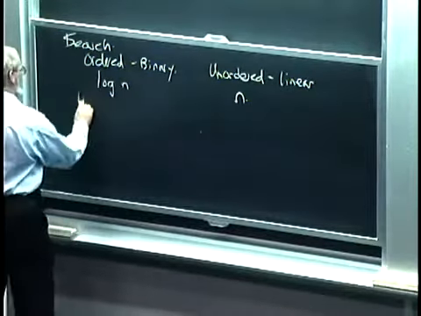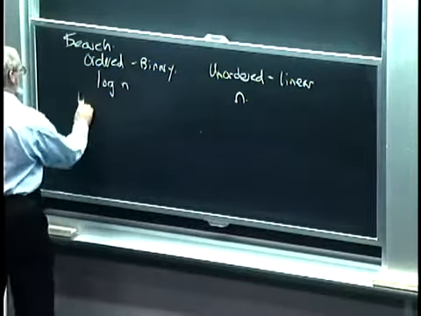I could still do the linear case, which is order n. Or I could take the list, sort it, and then search it. But to sort it was going to take n log n time, assuming I can do that. Once I have it sorted, I can search it in log n time. But that still isn't as good as just doing n.